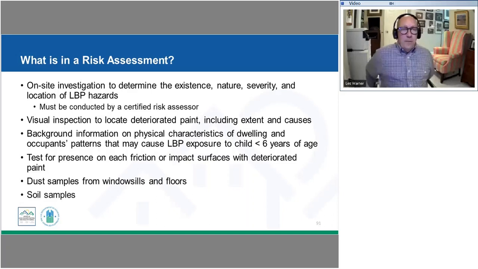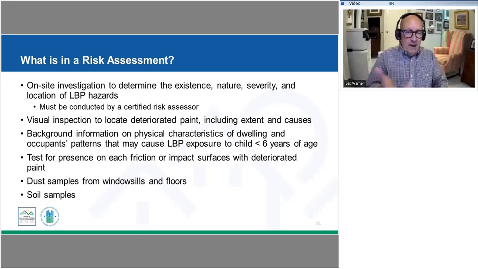So this is, as we mentioned, going to be an on-site inspection where we are conducting not only a visual inspection, looking for deteriorated paint and unstable paint surfaces, which would include things like friction surfaces.